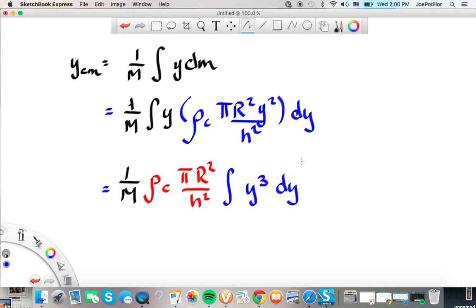And we're going to integrate it with respect to the height, because this is the y-axis here. So we're integrating it over the whole cone, right? Because we want to find the center of mass of the whole thing. So we integrate it from 0 to h. And from here, that integral is very simple. Right? So it's y to the 4th over 4 from 0 to h of the rest of that madness.